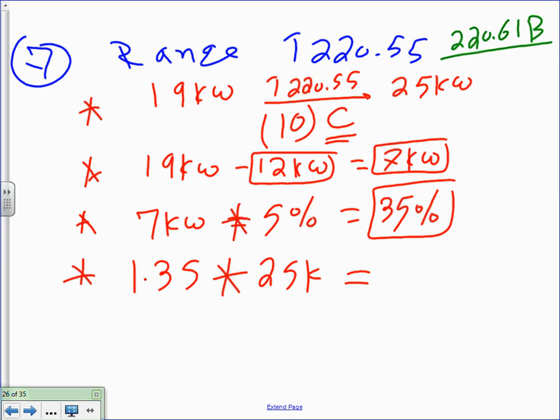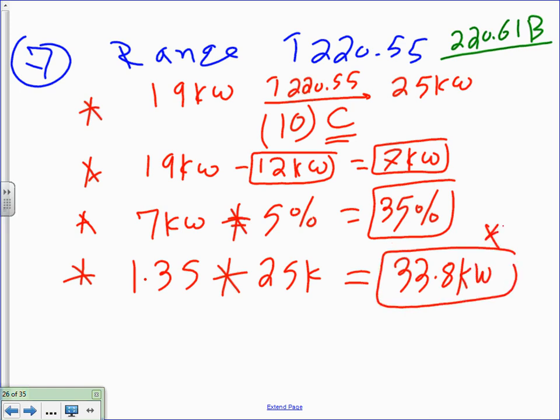What's the answer? 33.75, 33.8 kW. Now you highlight this, you put stars next to it from both sides, and this is what I'm asking you for step number 2, for question number 2, building demand load for ranges. Cool?